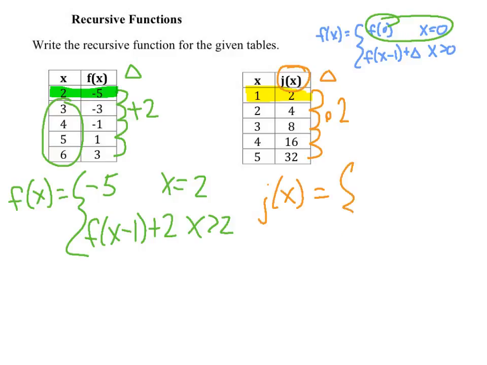So j of x equals, now my starting value, which is going to be 2 when my x equals 1, and then j of x minus 1 times 2 for my common ratio when my x values are greater than 1.